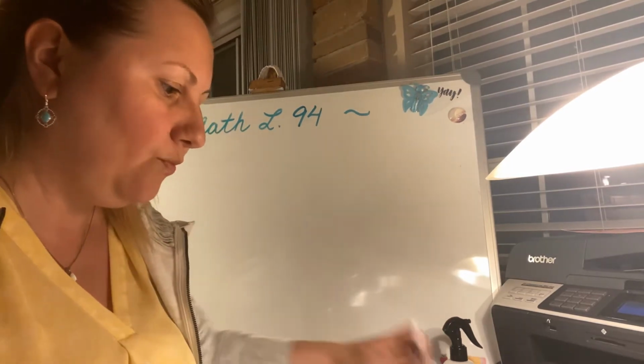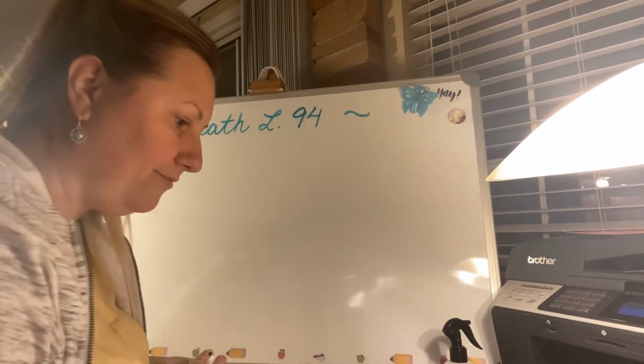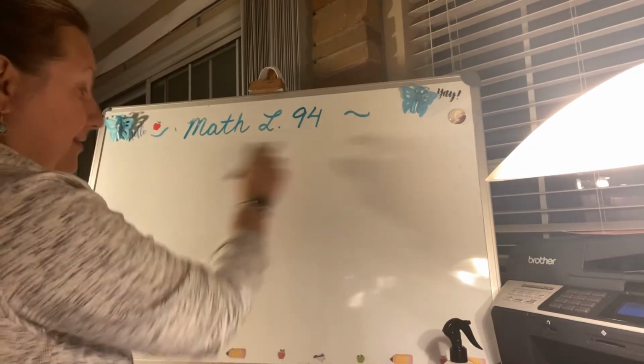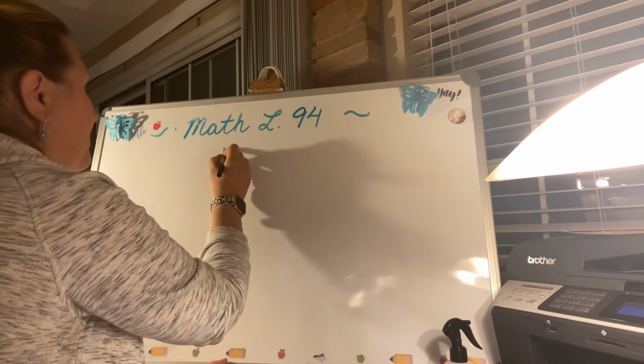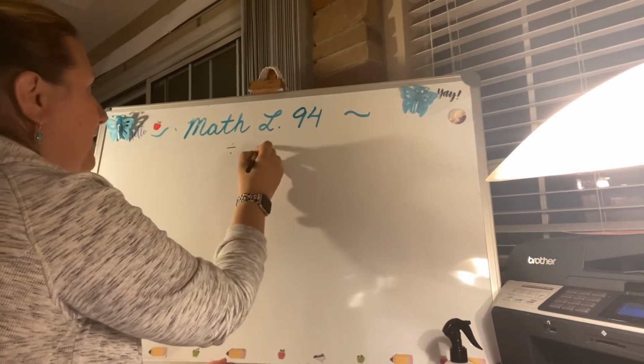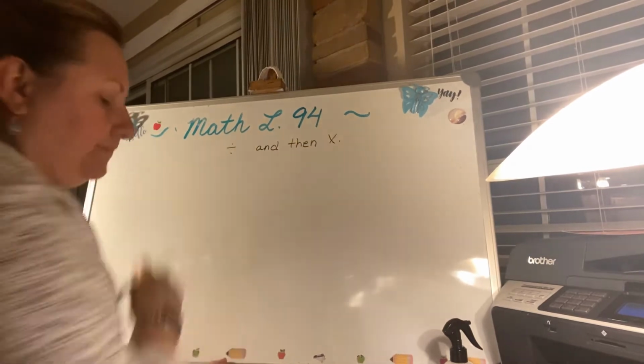Again, it's math lesson 94, two-step problems where we first divide and then multiply. That's the point of this lesson.